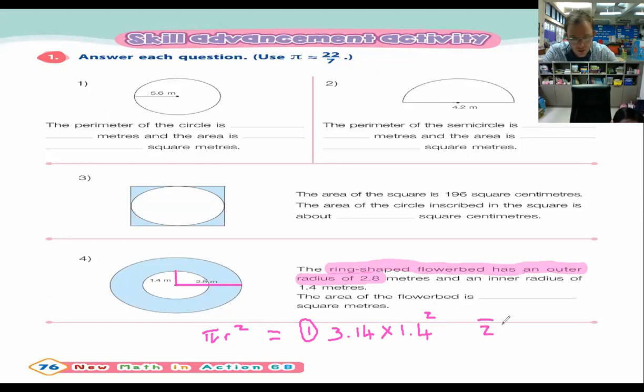And number two is the area of the bigger one. It's going to be 2.8 squared. So once we have the two areas, we can then calculate the total area of the flower bed.